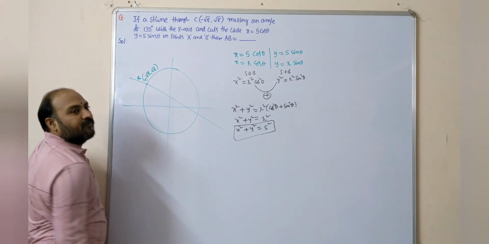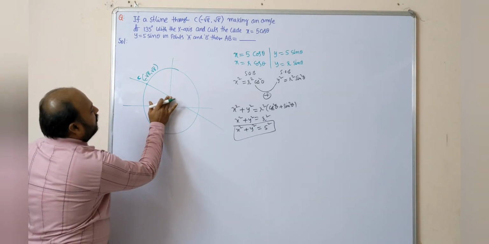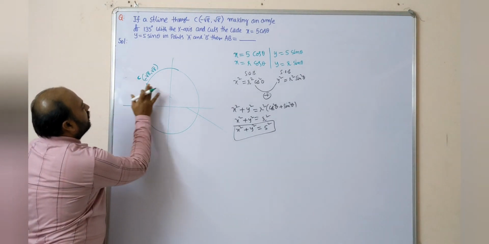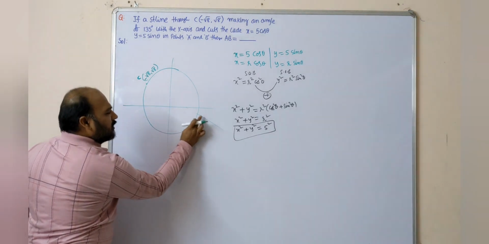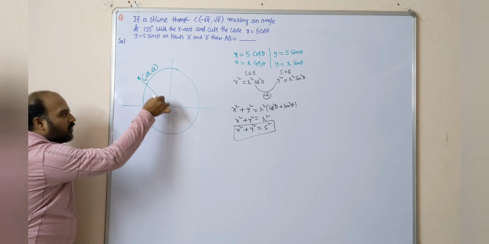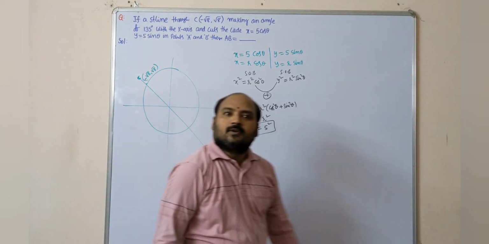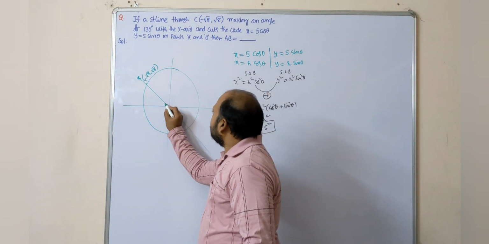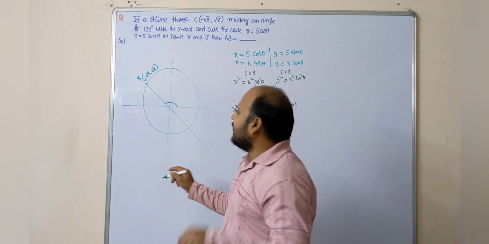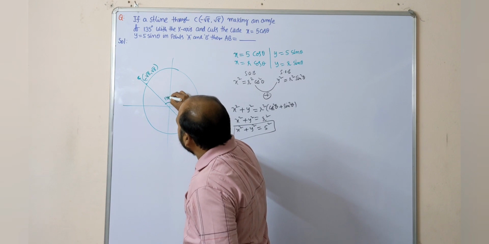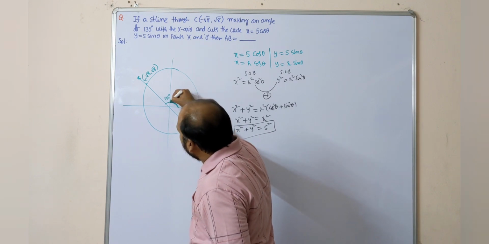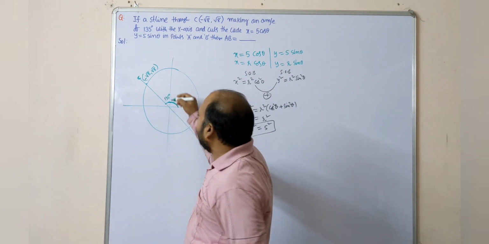Like this it will be. Not an exact diagram, just a correct diagram only. You can draw like this. It makes 135 degrees. Understand that. Here 90 plus here also 90. 135 degrees: 90 from here to here plus 45, 90 plus 45, 135 degrees.